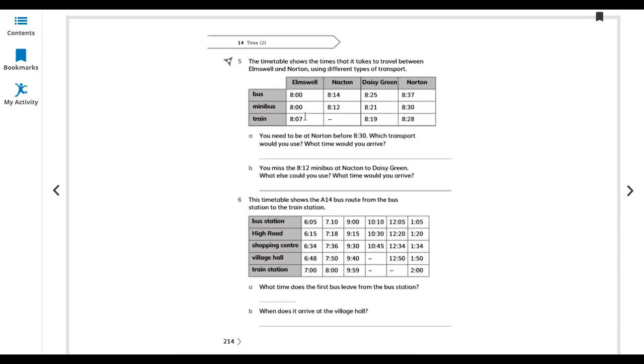We can use 8:28. We will use the train because it arrives at 8:28. The time we have is 8:30. The other two are useless for us. Train is the better option.